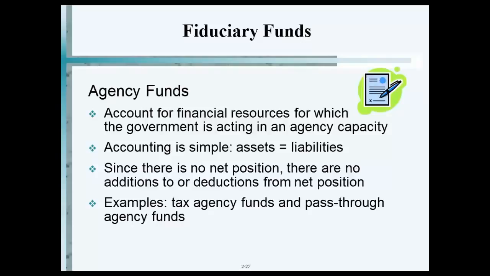They receive the money, right? It goes into an agency fund, and they disperse it back to the towns that are supposed to get their share. So that's what agency funds are. That's one purpose of it. But as I said, it's not a big thing. But notice, agency funds, assets equal liabilities. There's no net position because the government has no net position in an agency fund.